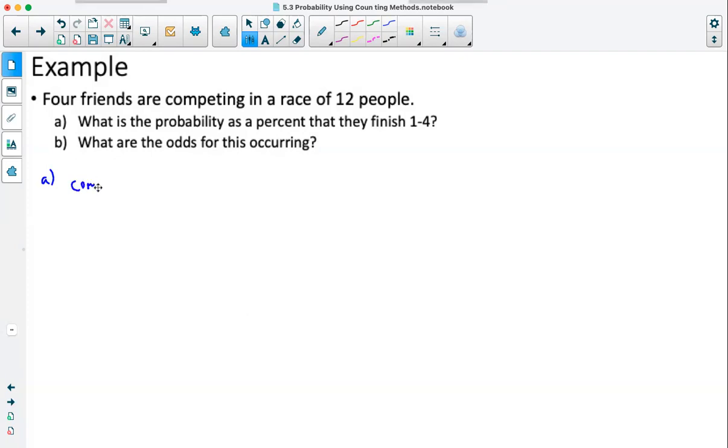Okay, so if we're doing combinatorics, in which case we're not worried about which place they finish, as long as they finish 1 through 4, then essentially 4C4 would be the exact amount of ways we can have those 4 people chosen. So that's just going to be 1. So that's our ways to get what we want.